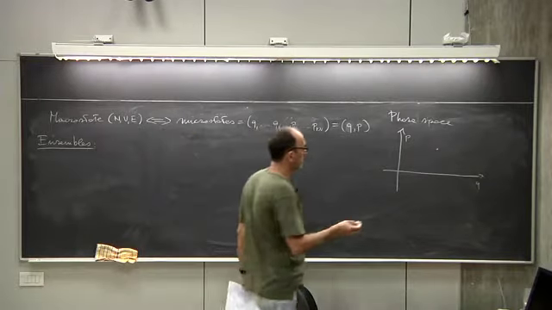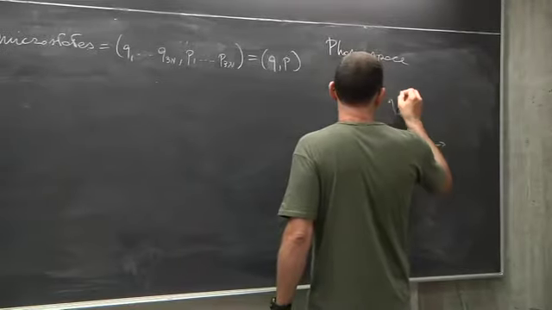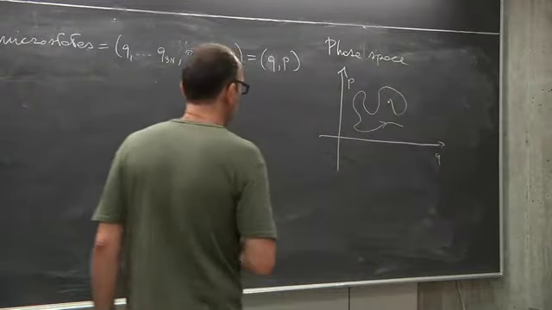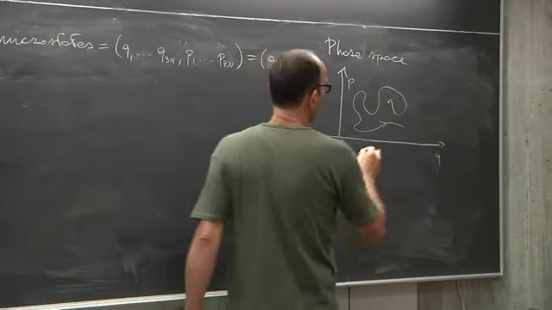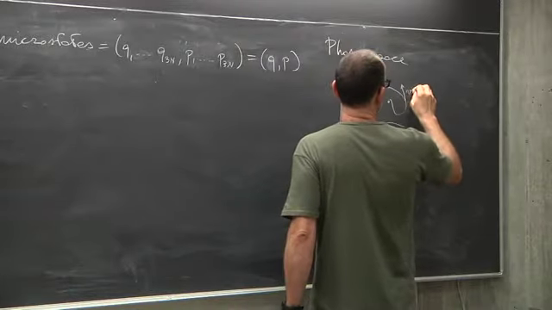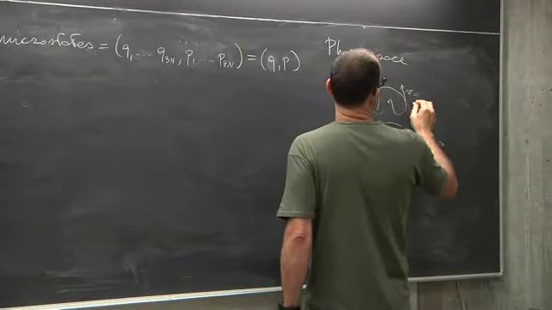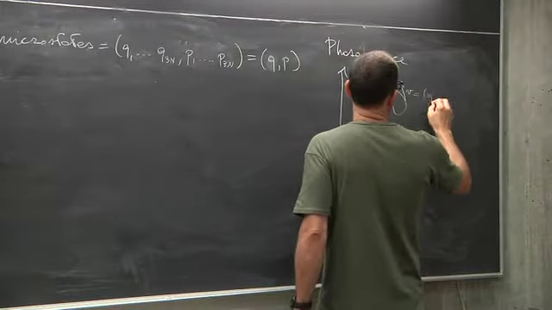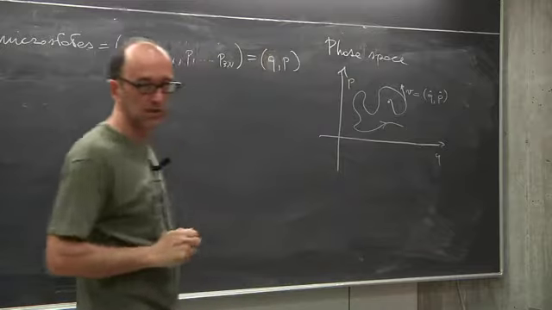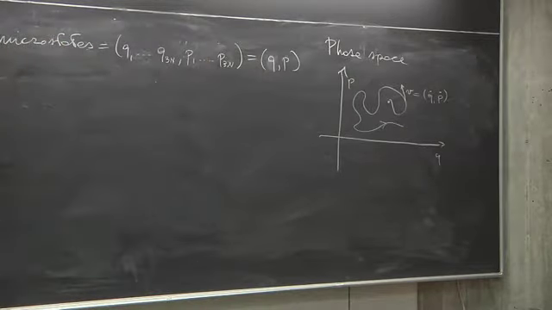They will follow a certain trajectory. And this trajectory, at each point, will have a certain velocity, which is given by q dot and p dot, the time derivative of coordinates and the time derivative of momenta.